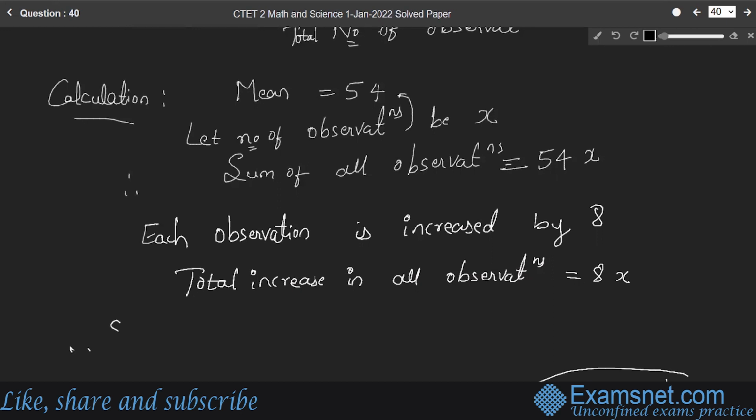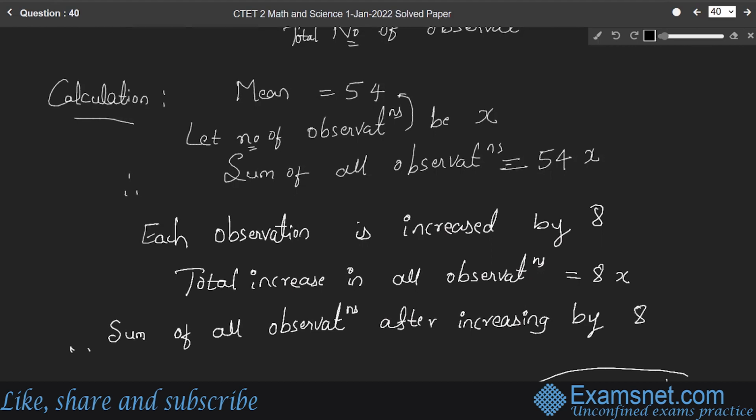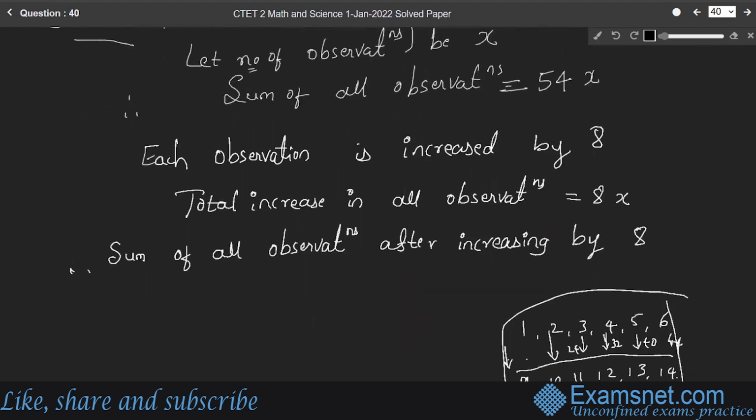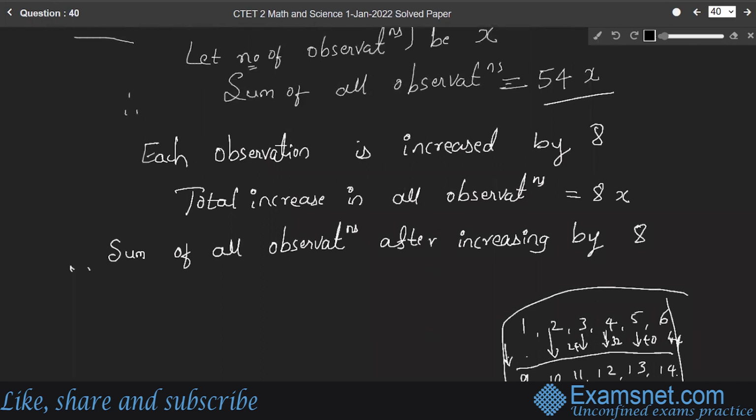So here, sum of all observations after increasing by 8: the sum of all observations is 54x, and the increase in observations is 8x.